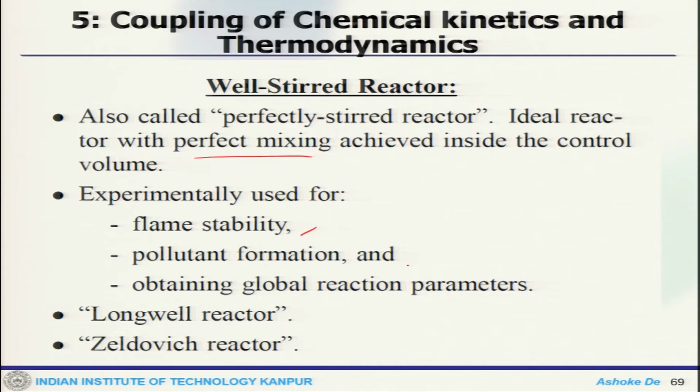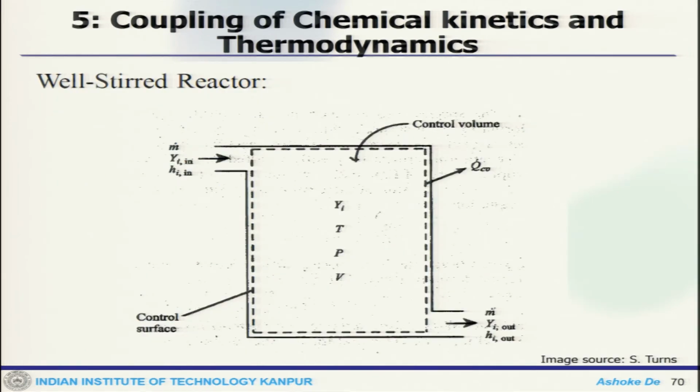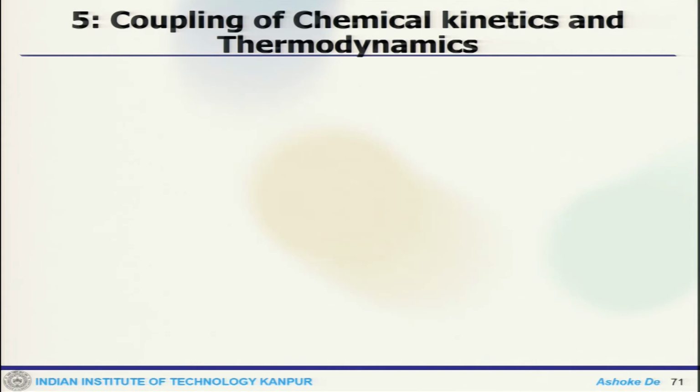If someone wants to measure pollutants, global reaction parameters, long well reactor, Zeldovich reactor, these are some of the applications. Now, this is the picture of the well stirred reactor, where the inlet species are coming in, there is a going out, this is a control volume, and things are well mixed inside that.